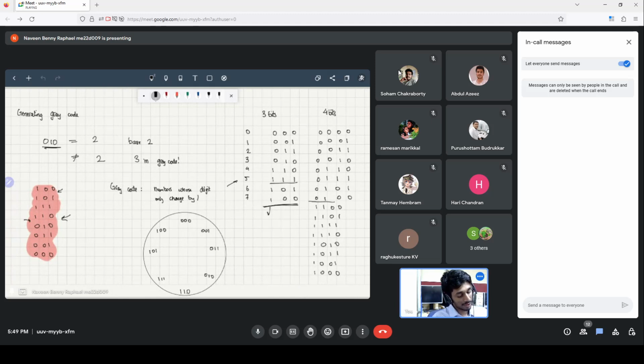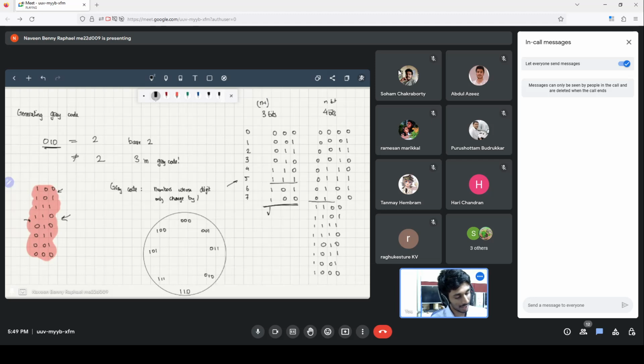And I explained a little while earlier how to generate gray code, any n-bit gray code. So if I have the n-1 bit gray code, I can generate the n-bit gray code using this pattern I had told you.